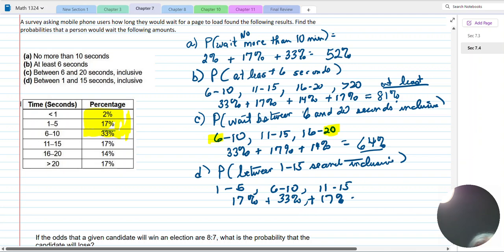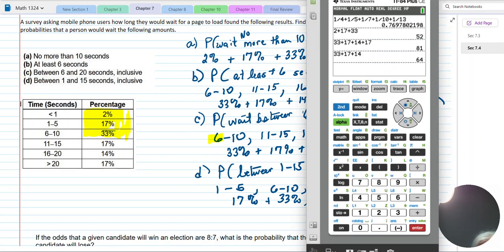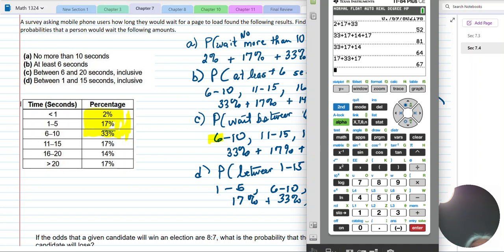All right, so let's do the sum of that. 17, 33, and 17. And it looks like 67.